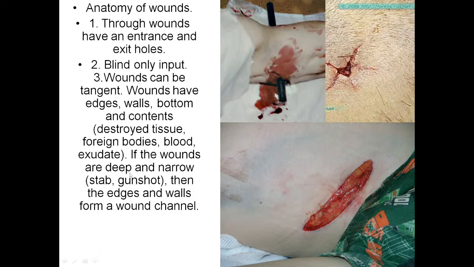If the wounds are deep and narrow, stab, gunshot wounds, then the edges and the walls form a wound channel. And tangent wounds you can see on the third picture. Okay, it's three types of anatomic classification of the wounds: through wounds, blind wounds, and tangent wounds.